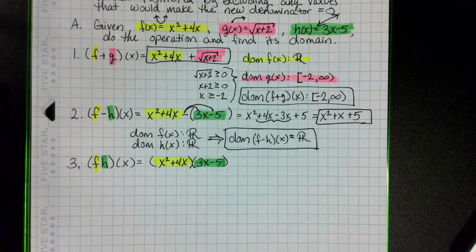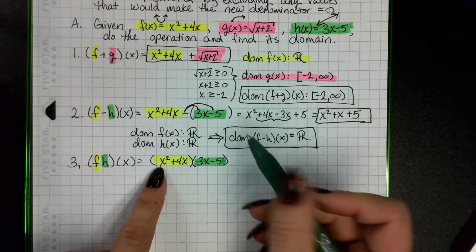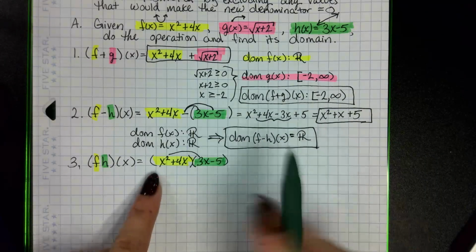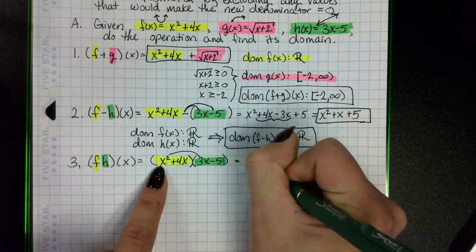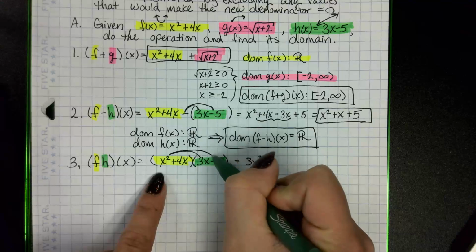I'm going to use FOIL. Whatever method you use is fine. They're all essentially the same thing. So with FOIL, I take the first two terms and multiply those. That gives me 3x to the third. And then I do the outside terms.